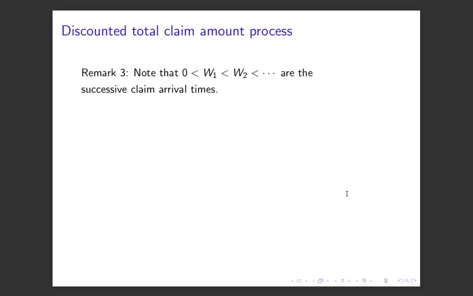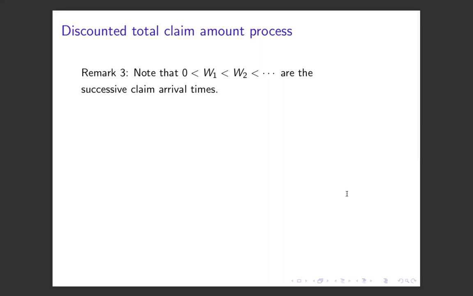Now we will define what is a discounted total claim amount process. So you know that if you invest 1 rupee today, and let us say the rate is compounded continuously, and the rate of interest is R, then after time t, it will be e to the power R t, multiplied by 1.